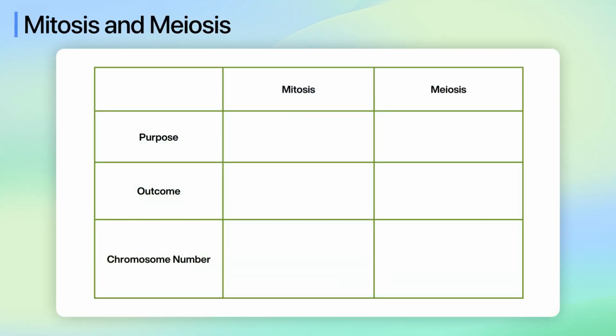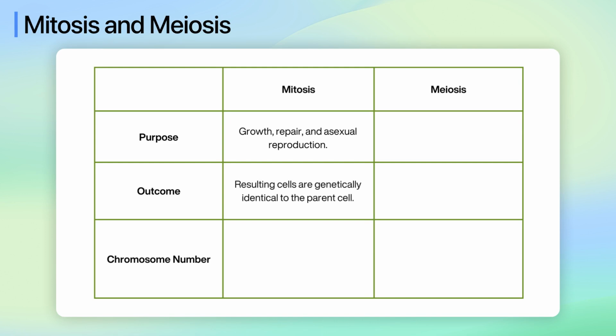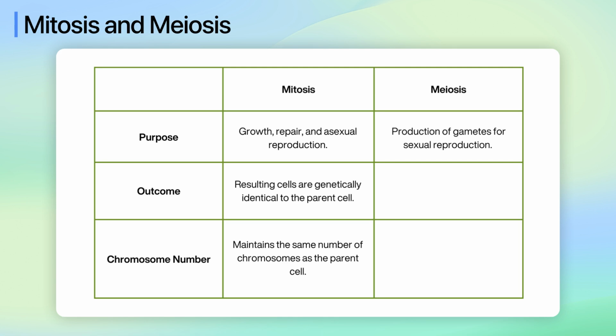Let's highlight the differences between these 2 types of cell division. The purpose of mitosis is growth, repair, and asexual reproduction. This results in cells that are genetically identical to the parent cell and maintain the same number of chromosomes as the parent cell. The purpose of meiosis is the production of gametes for sexual reproduction.